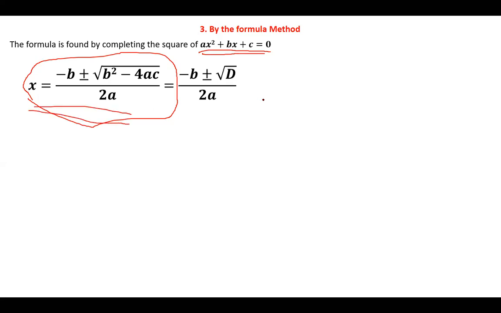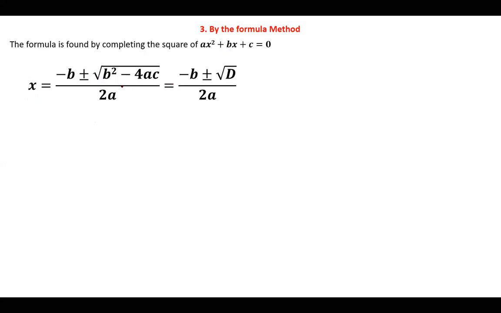So what is here, this part inside the square root, is called the discriminant, and it is denoted by D. It's the discriminant, and it's very important here.